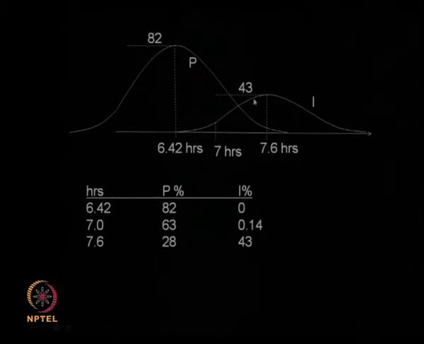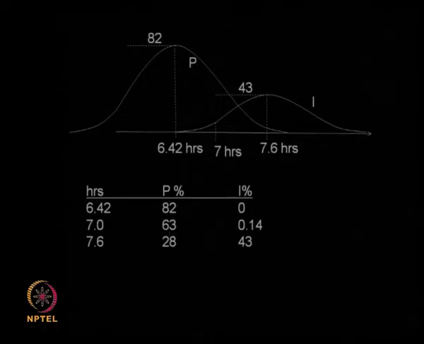Now the impurity also has a Gaussian distribution, but it is coming at 7.6 hours. Okay, so at 6.42 hours you have only the protein, whereas the impurity is 0. At 7.6 hours you have some amount of protein and you have impurity. At 7 hours you have very little of the impurity and predominantly more of the protein.